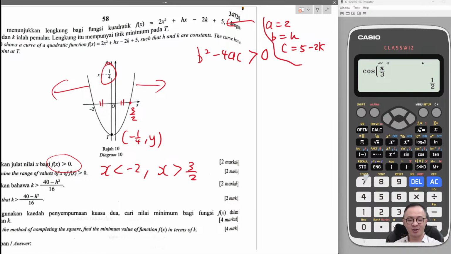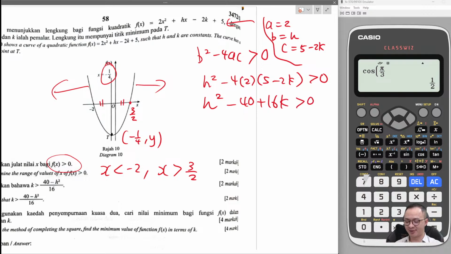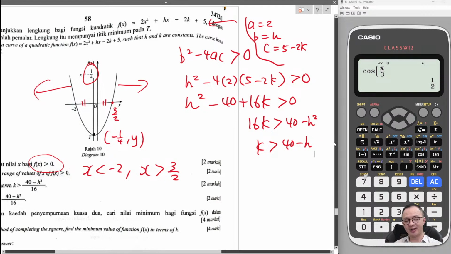I'm going to insert into b squared minus 4ac bigger than 0. So h squared minus 8 times (5 minus 2k), that is h squared minus 40 plus 16k bigger than 0. And the question wanted me to make k the subject, so let's do it. This is 40 minus h squared. So k will be (40 minus h squared) divided by 16. Done.